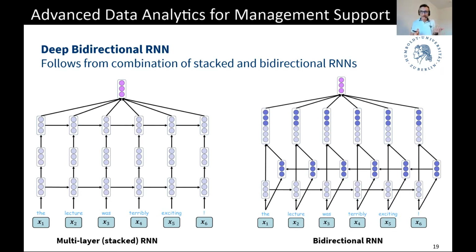And bidirectionality meant that we reverse the processing. We still process the same sentence, but not from left to right. Instead, we process it right to left. So in this example, the backward RNN would start with the input token exclamation mark, process it, calculate some hidden state, and from that we would train it to predict the word exciting.